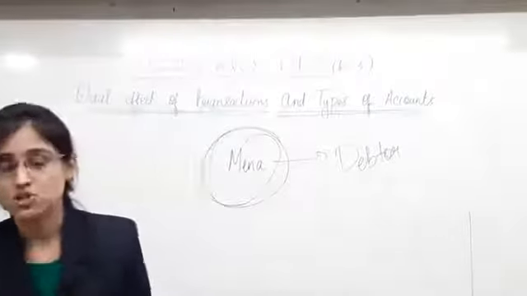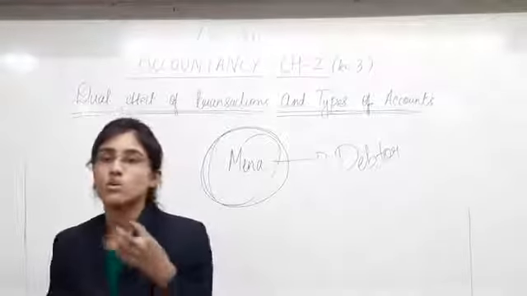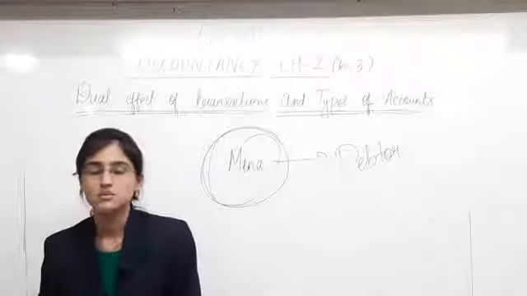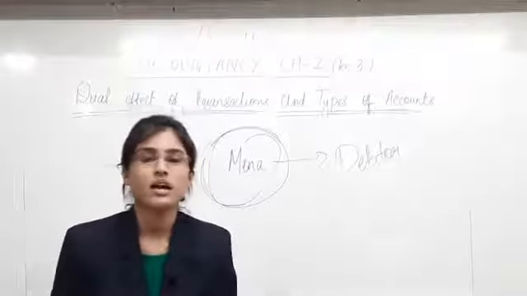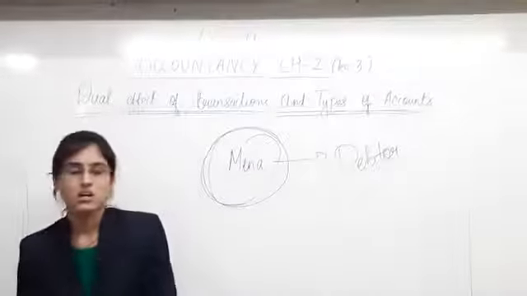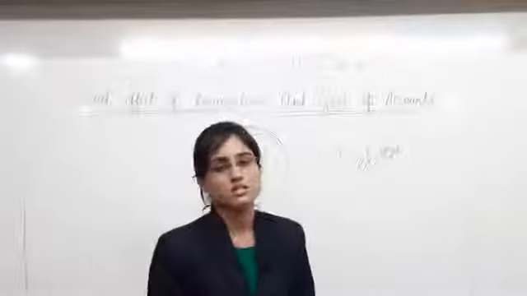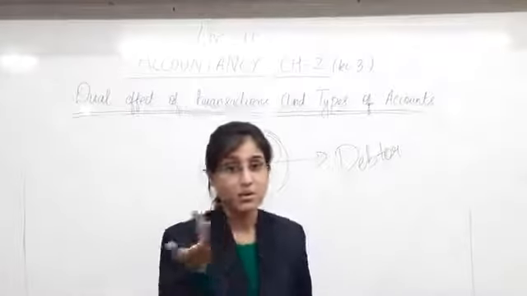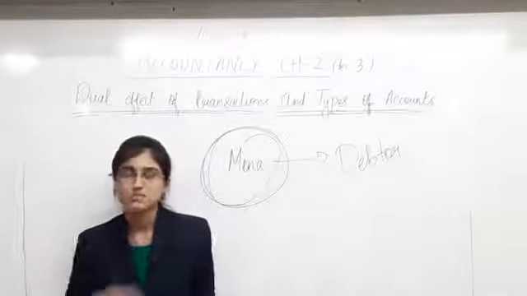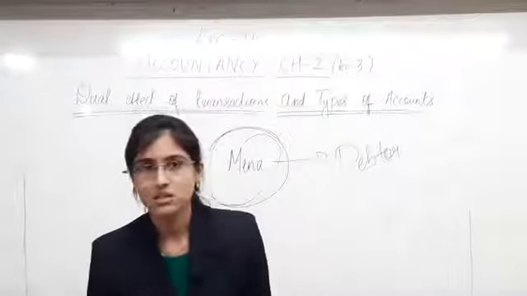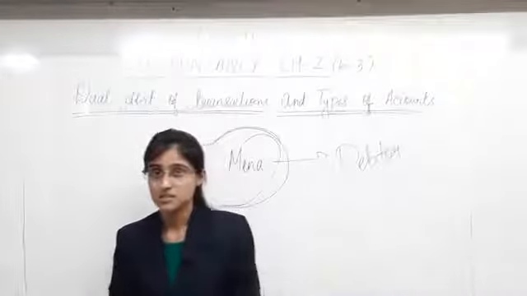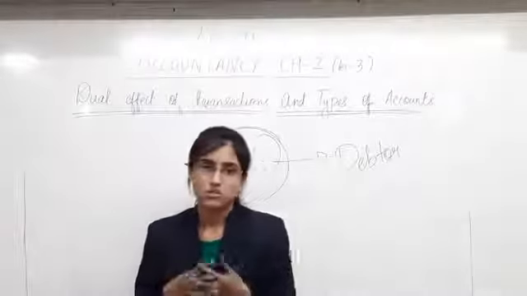Then the next topic is voucher. Yes? Simply speaking, a voucher is just an evidence supporting a transaction, just like a bill does. The evidence of a transaction which has taken place is a voucher.